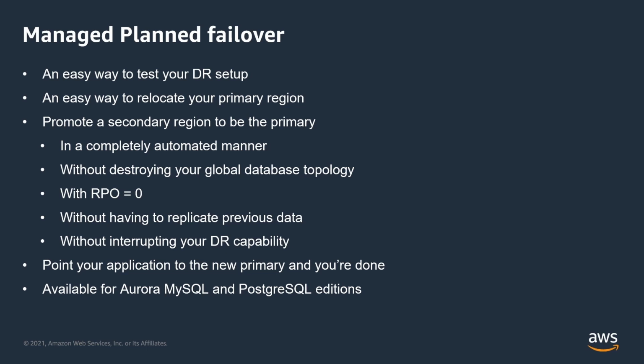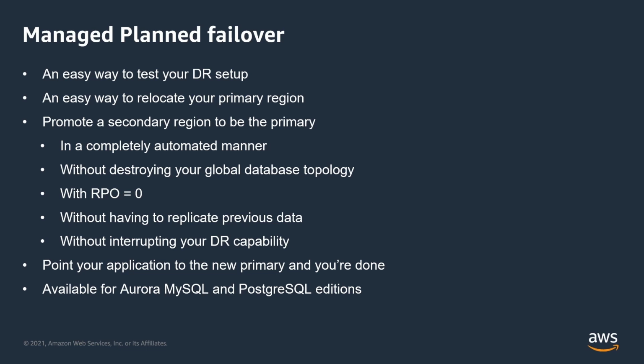This is actually quite a big improvement over when this feature didn't exist. When this feature didn't exist, the failover meant you had to actually break the global cluster topology. This would make the secondary region a standalone cluster, and then you would use it as a DR or to make any writes.